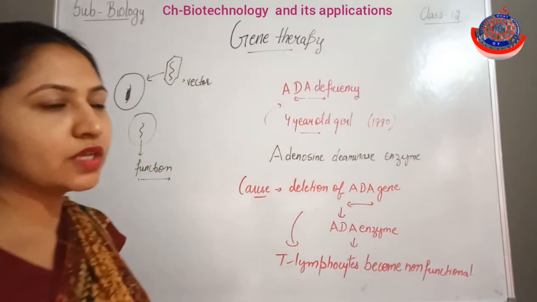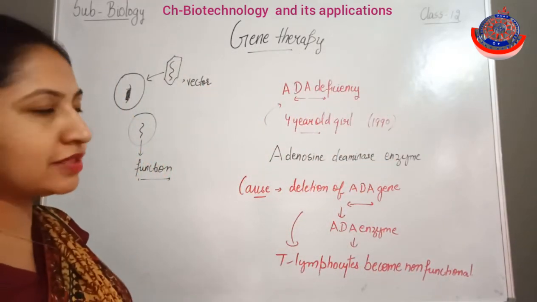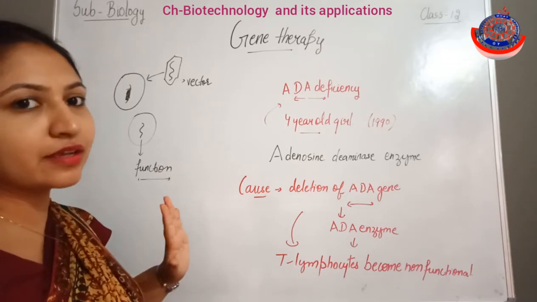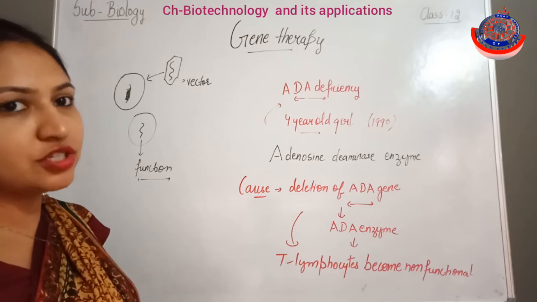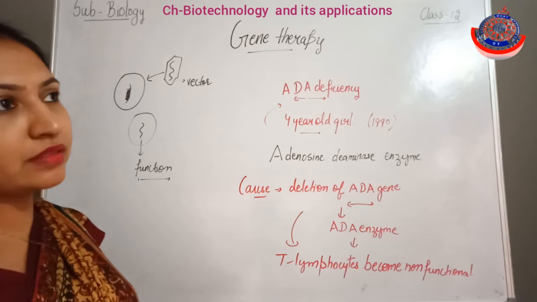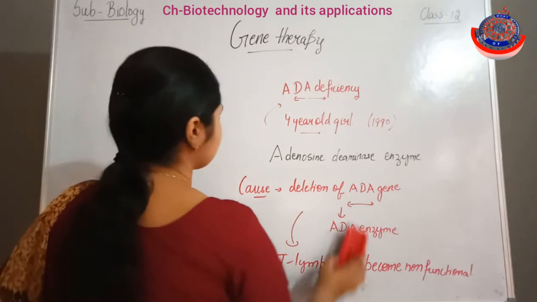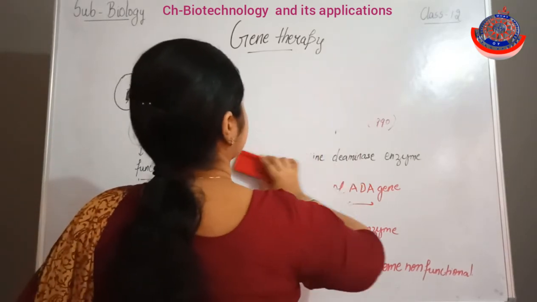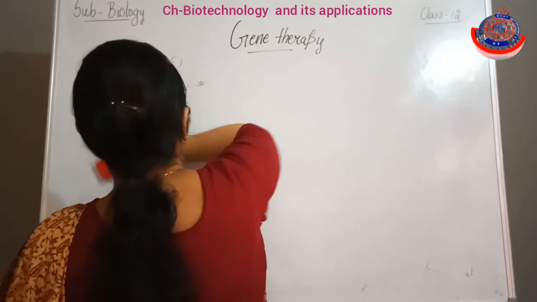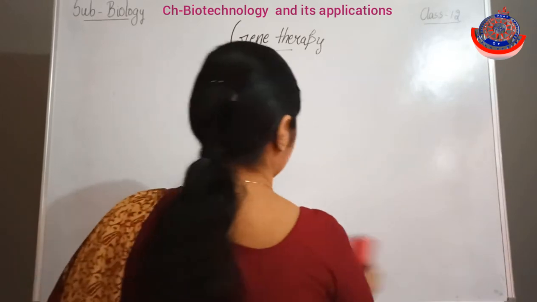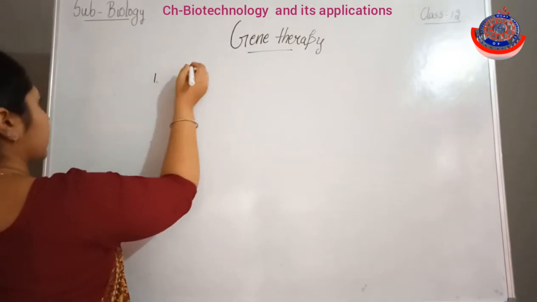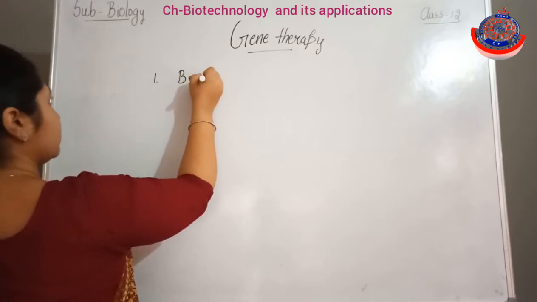Clear? Now what are the curative methods for this genetic defect, other than gene therapy? Let's discuss. First is bone marrow transplantation.